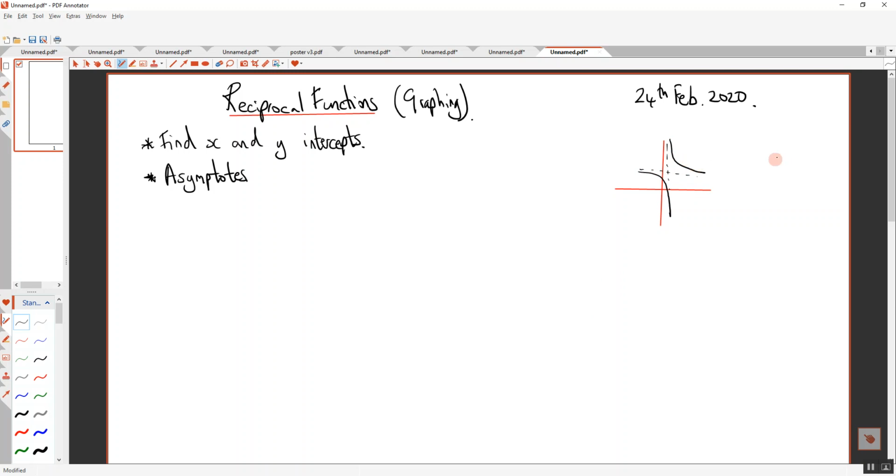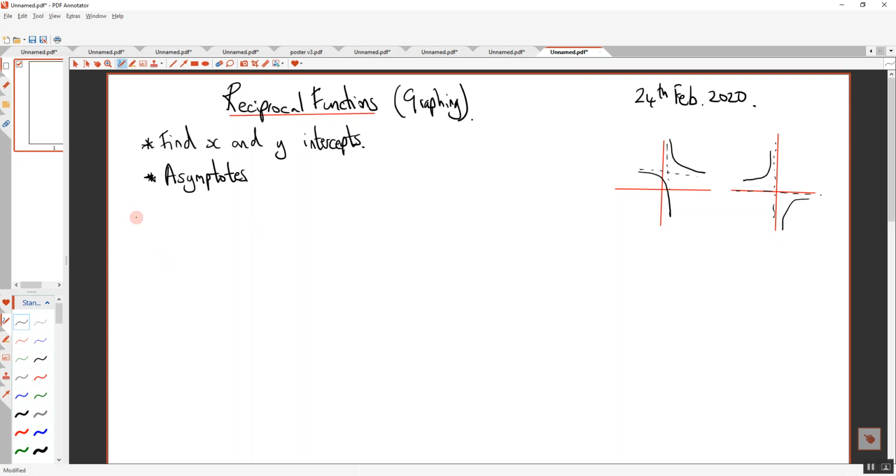It might be up there, it could of course be reflected. But they're always that type of shape. Same as quadratics, which are always the same type of shape, the smiley face or sad face. Cubics are always the same type of shape. Reciprocals are always the same type of shape, okay?